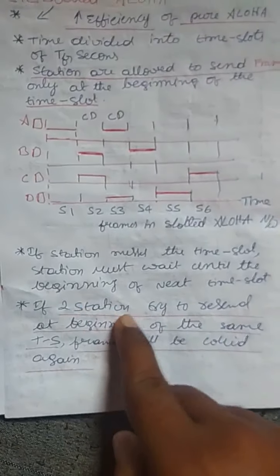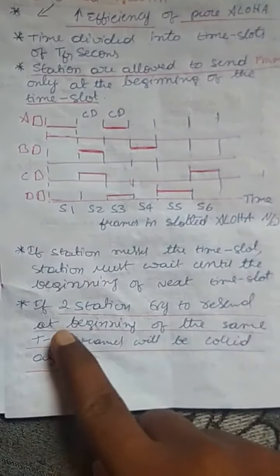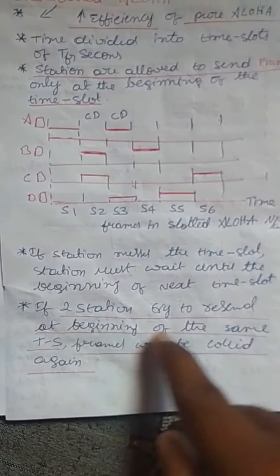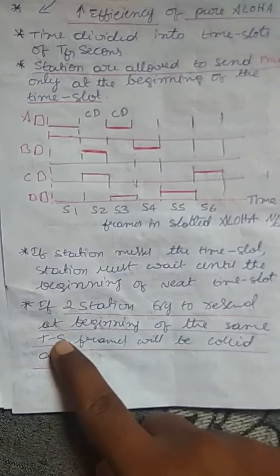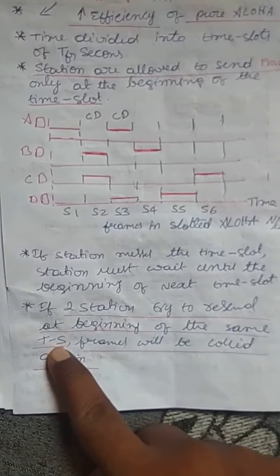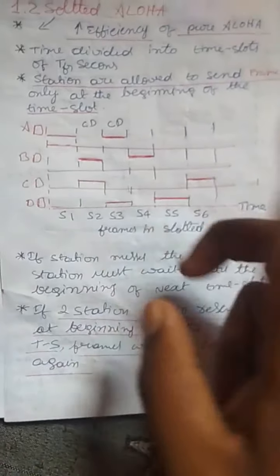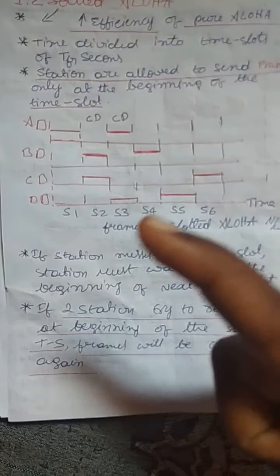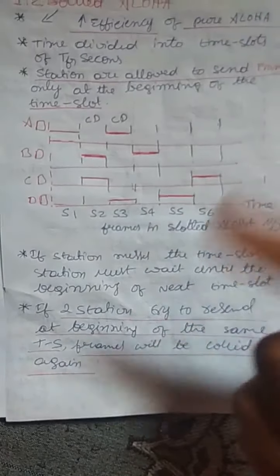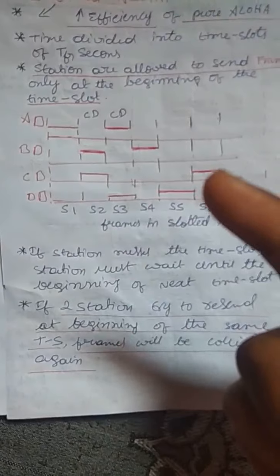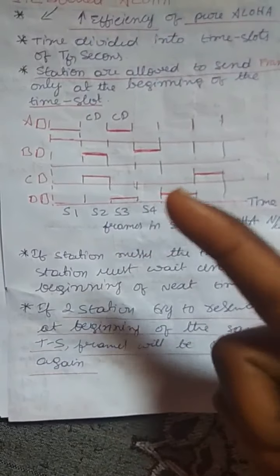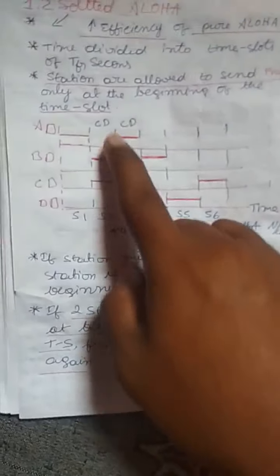If two stations try to resend at the beginning of the same time slot, frames will collide again. That means if two stations are resending their frames in the same time slot, there will again be a collision.